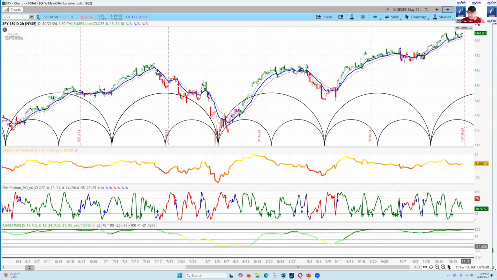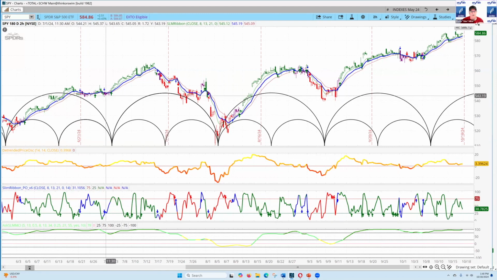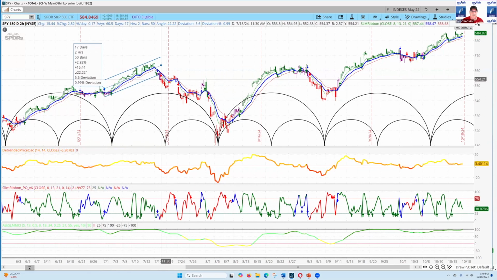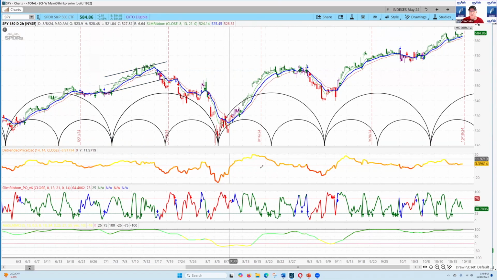I'm going to use a tool that I don't often show you, but it's one that I think is very valuable because it's dynamic as you use it. If I look at this cycle trough right over here and look at the first cycle using this, it's a linear regression channel. If I go from trough to trough, you can see the condition of that first half of the cycle right there.